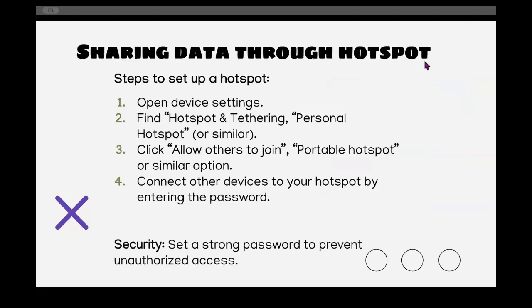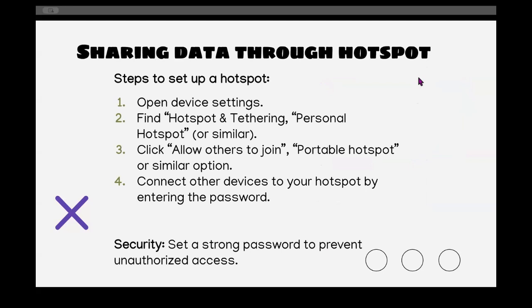As for how to go about doing this, it's very similar to connecting to Wi-Fi and data when you're setting up a hotspot. You could open up your device settings. There's usually an option for hotspot and tethering, or share my personal hotspot, or something similar depending on your device.